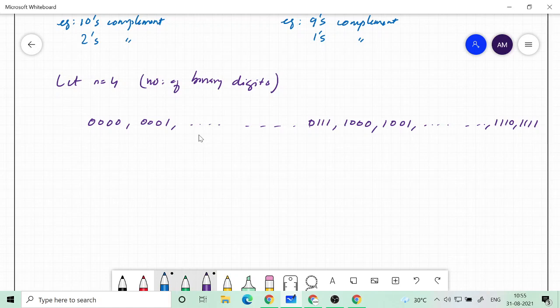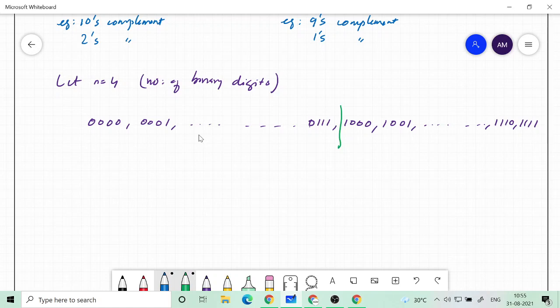And now what we are saying is that half of these possibilities, meaning 0 to 7, we are considering as positive numbers, so this side is positive numbers, and the next half, that is from 8 to 15, the corresponding decimal is 8 to 15, we are saying it is negative numbers.